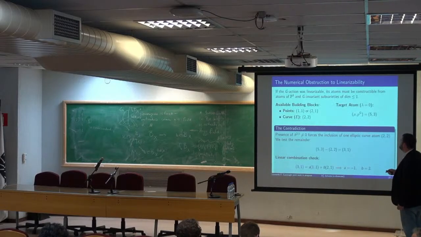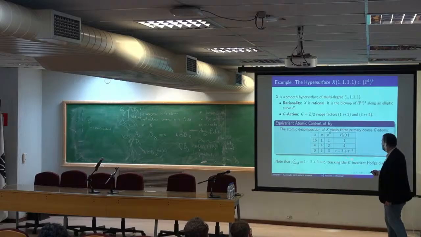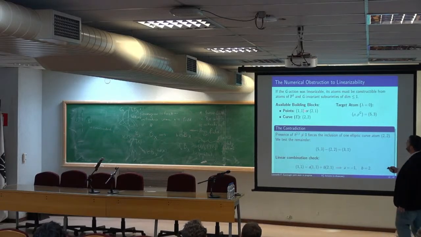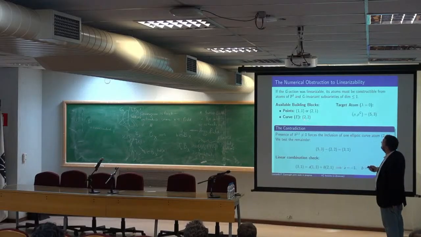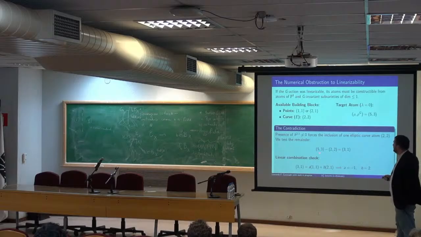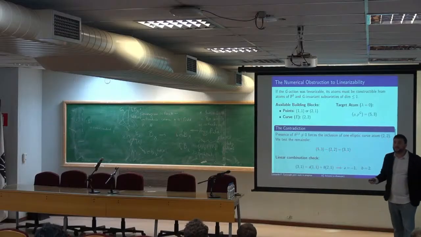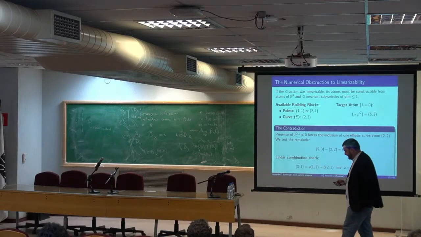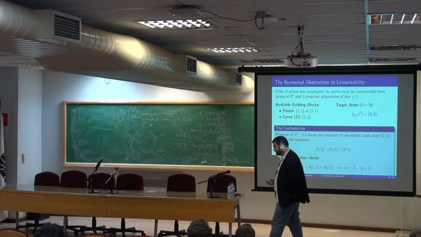Now let us just disregard the corresponding contribution. You can check that the atom of the elliptic curve contributes with 2 Hodge classes and 2 invariant Hodge classes. So the remaining quantity appearing in this atom at 0, that's 5, 3, so deducting this, 3, 1, has to appear in the atomic decomposition of points and curves.